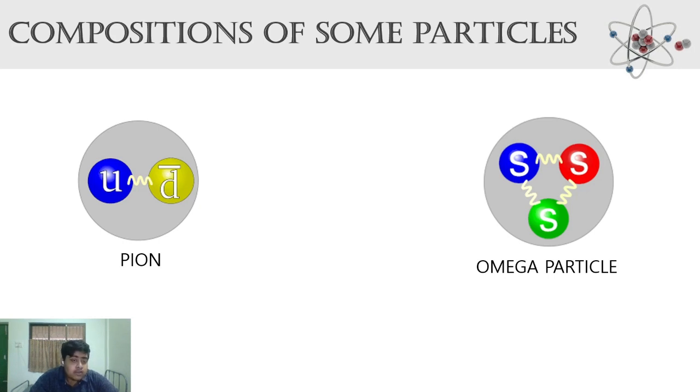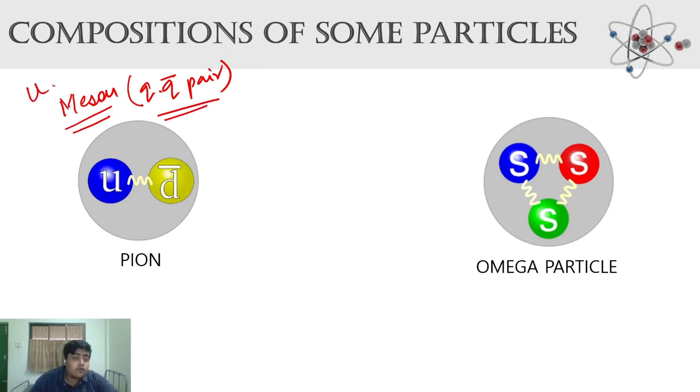Now, a pion is a meson, since we have a quark and an anti-quark pair. Remember, in a meson we cannot have an up quark and the anti-quark of the up quark, because that would cause annihilation and the particle would cease to exist.